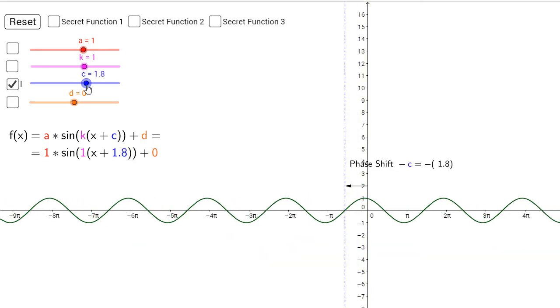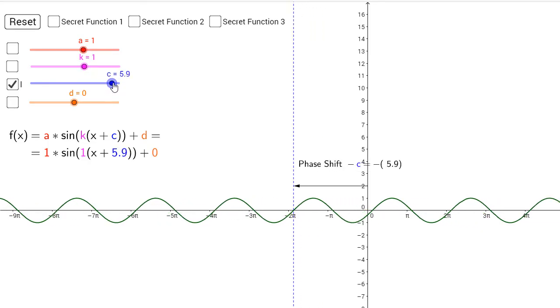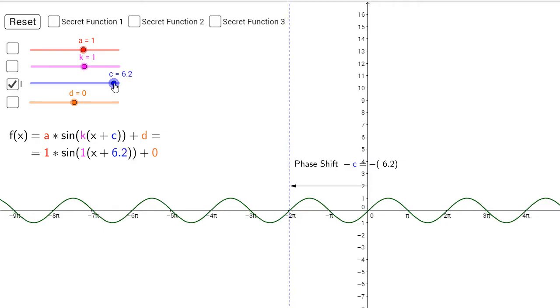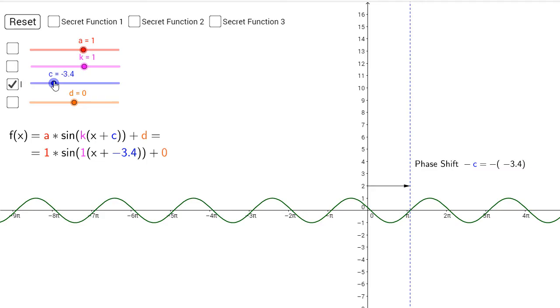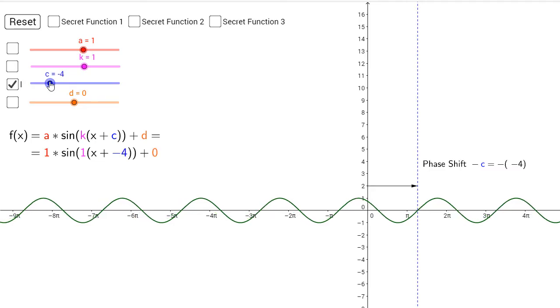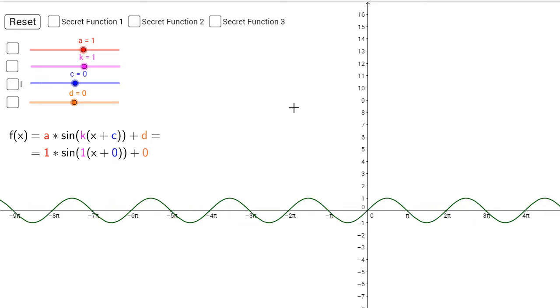The connection between them is that if we increase the variable c, we'll see that the function is moved to the left. And if we decrease it, we can see that the function moves to the right. So the phase shift for a trigonometric function is equal to minus c. So with that said, let's move on to some examples.